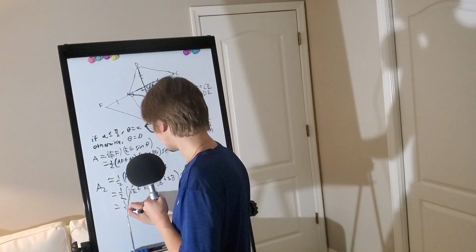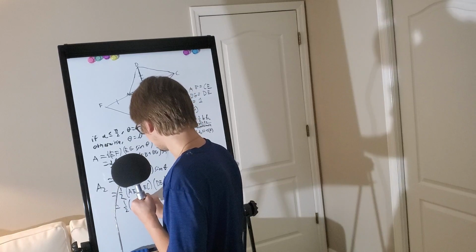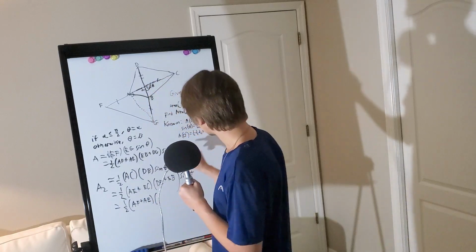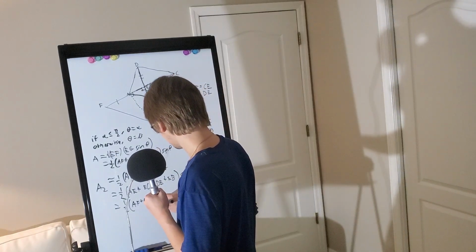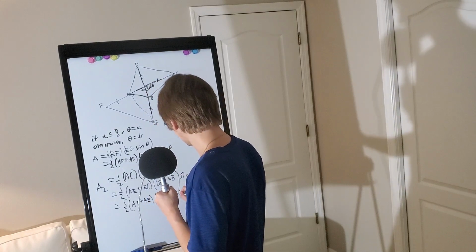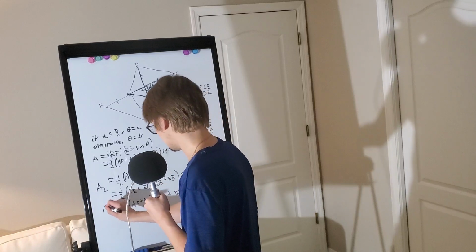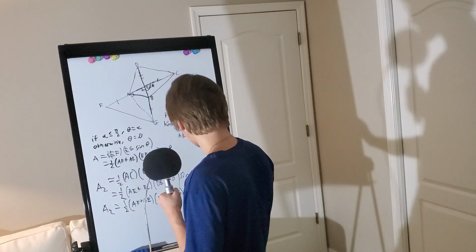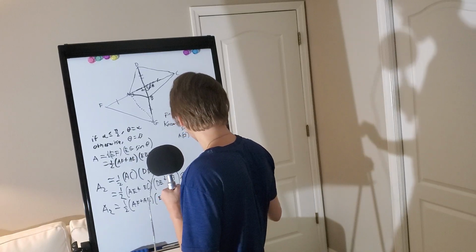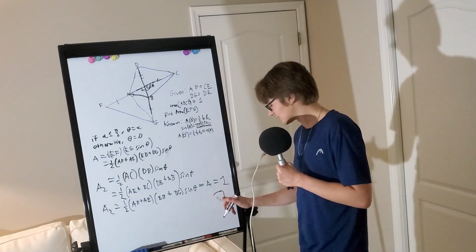That is just 1/2 of AF plus AE, and then EB plus BG, sine theta. So we have A2 equals this big expression, which equals A, and therefore both of them are equal to 1. QED. And that is all we really needed to do.